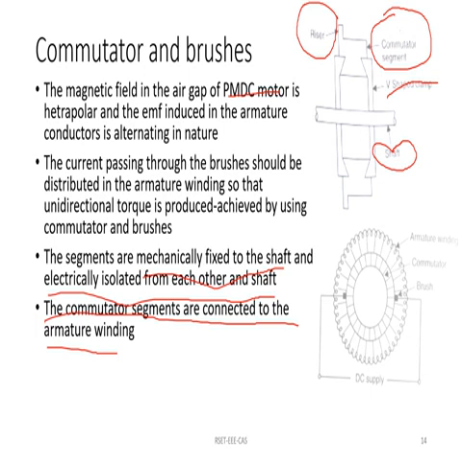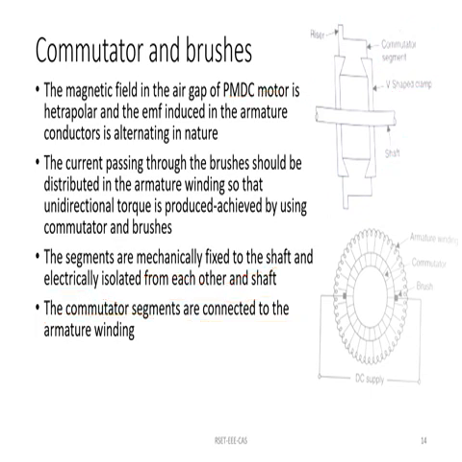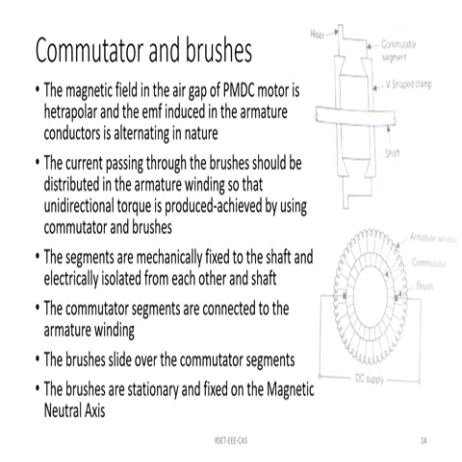These all you have studied earlier in the DC motor construction. Now the brushes slide over the commutator segments. Brushes are stationary and they are fixed on the magnetic neutral axis M and A.